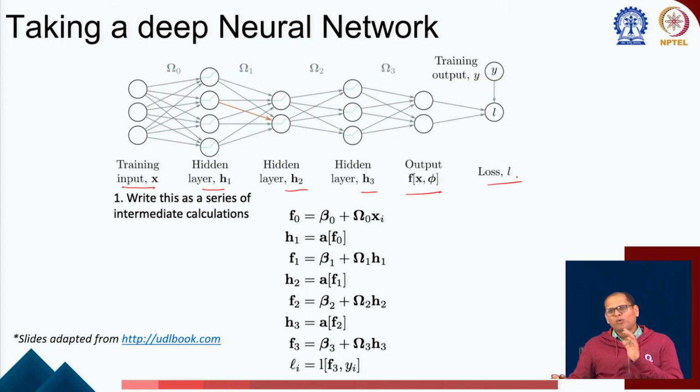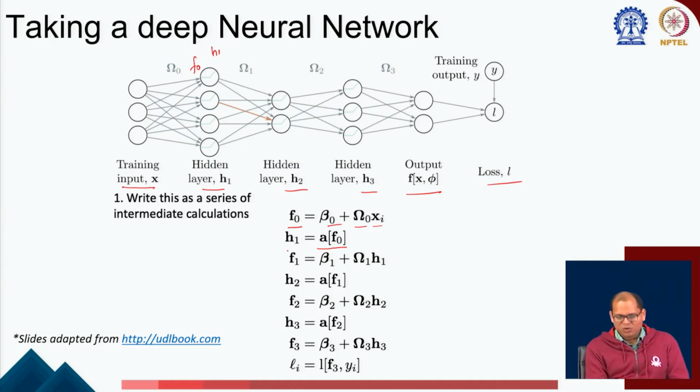Because of our simple notation, I will write this entire forward propagation first, right. So I will say okay, f naught is beta naught plus omega naught xi, right, and then I apply nonlinearity over there. So this gives me h1. So h1 is nonlinearity over f naught, right.